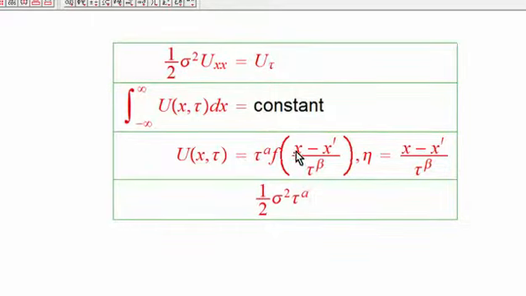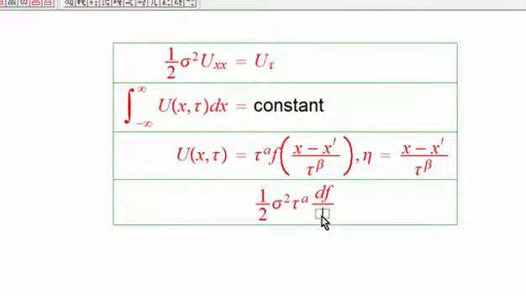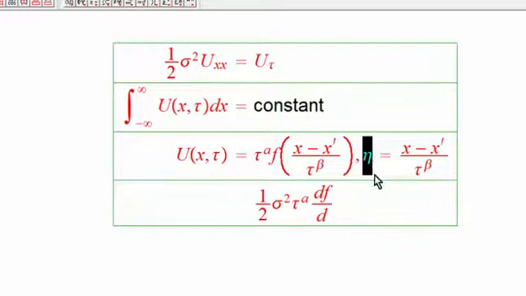If I differentiate with respect to x, it's going to be the derivative of f with respect to eta. Now, that's not a partial derivative, that's a regular, ordinary derivative, because f is just a function of that one variable, eta.